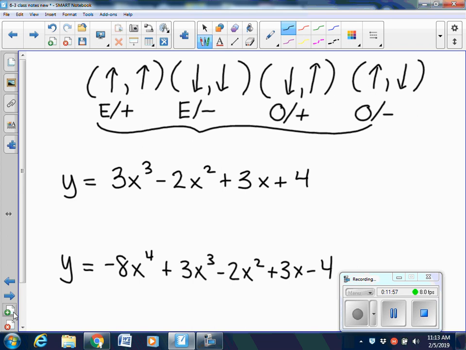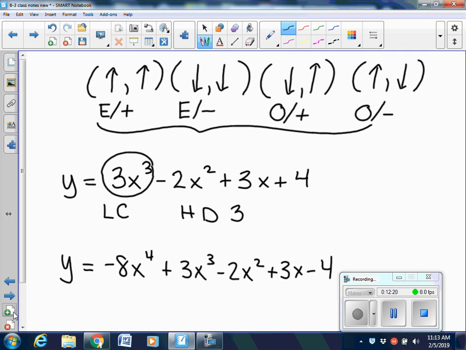And now all we're going to do to get ready for the next section is what I did at the beginning part. I'm going to find the LC and the HD, just like we did in the first part. I'm going to circle the highest degree, and this one is 3.